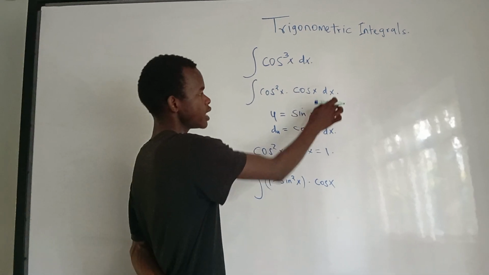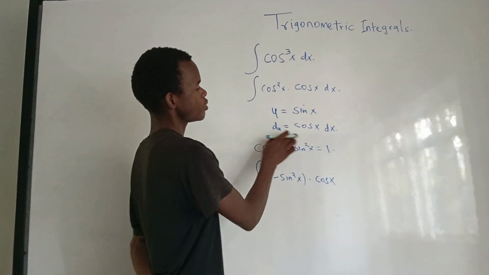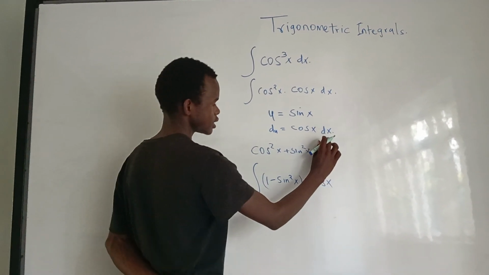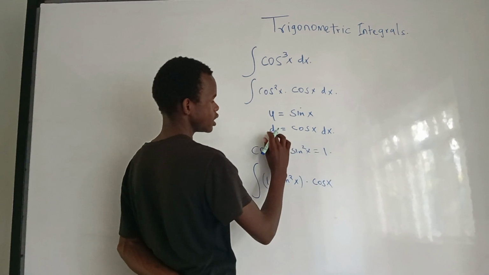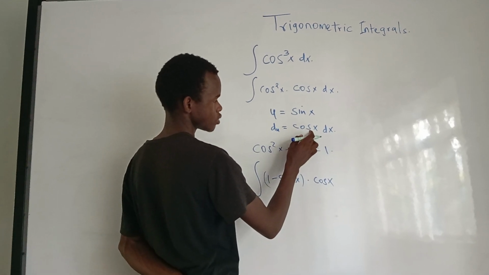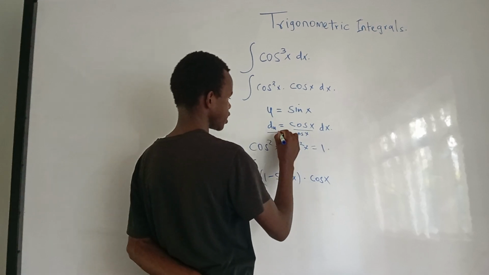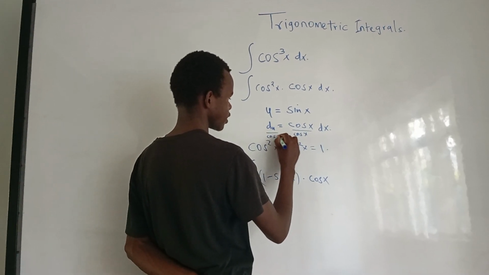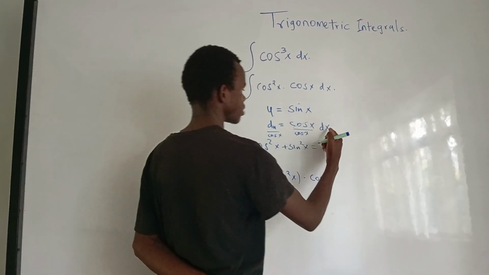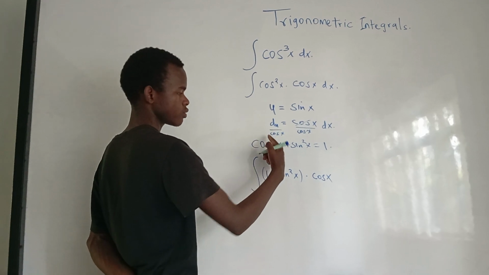But now in my dx, from here, what's my dx? My dx is du divided by cos of x. So I'll get my dx as du over cos of x.